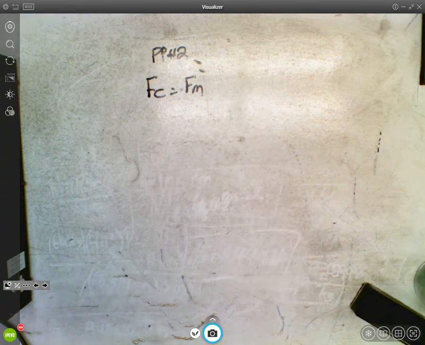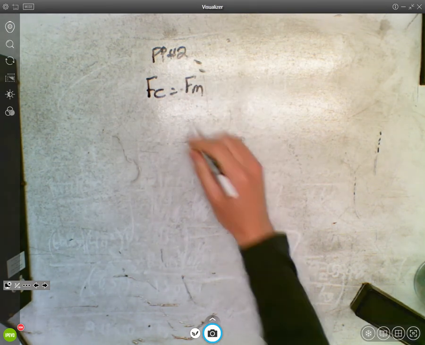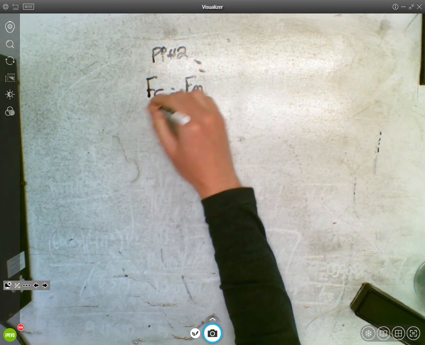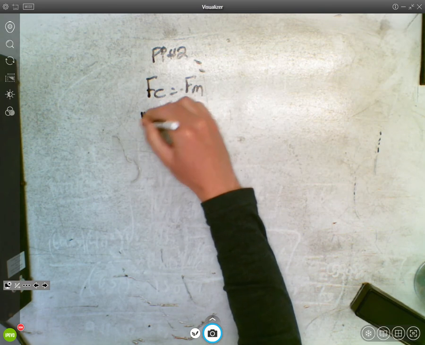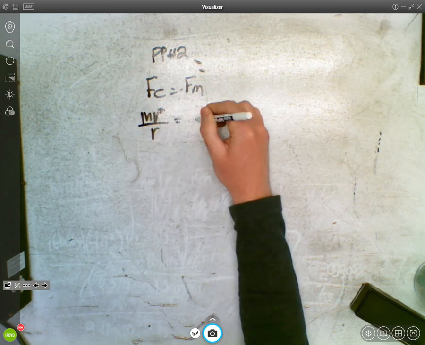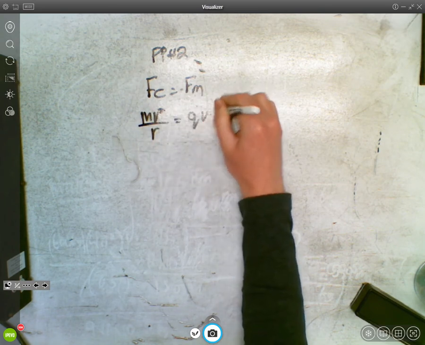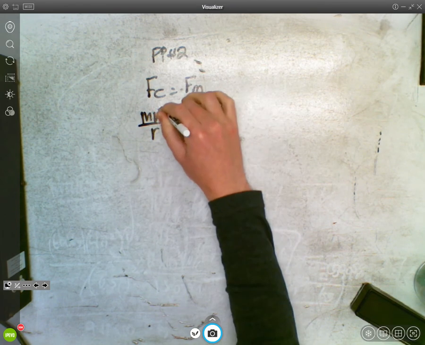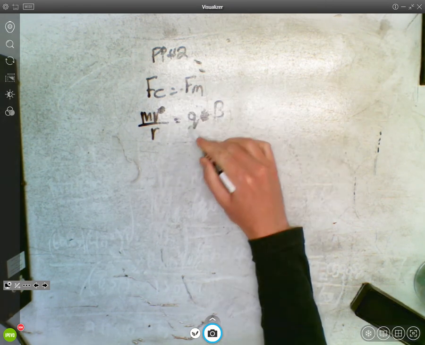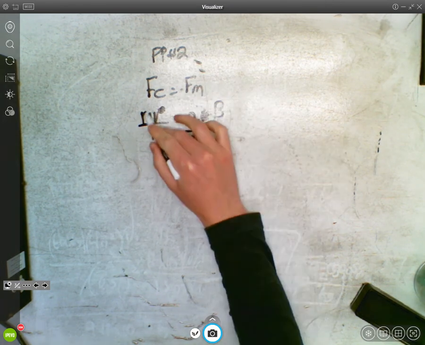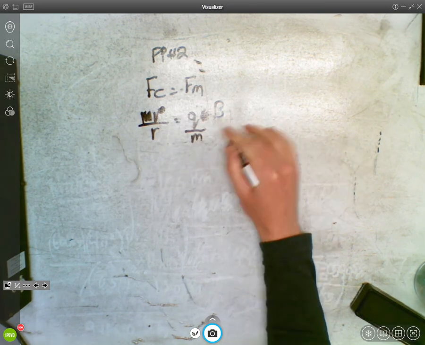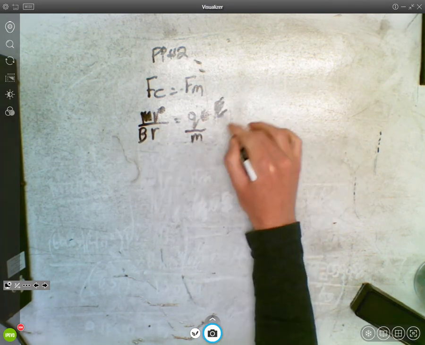It's that magnetic force that makes it move in a circle. So mv squared over r equals qvb, and one of those velocities cancels out. We want a charge to mass ratio, so we have to put our mass down below, and then we'll move the B over to the other side.